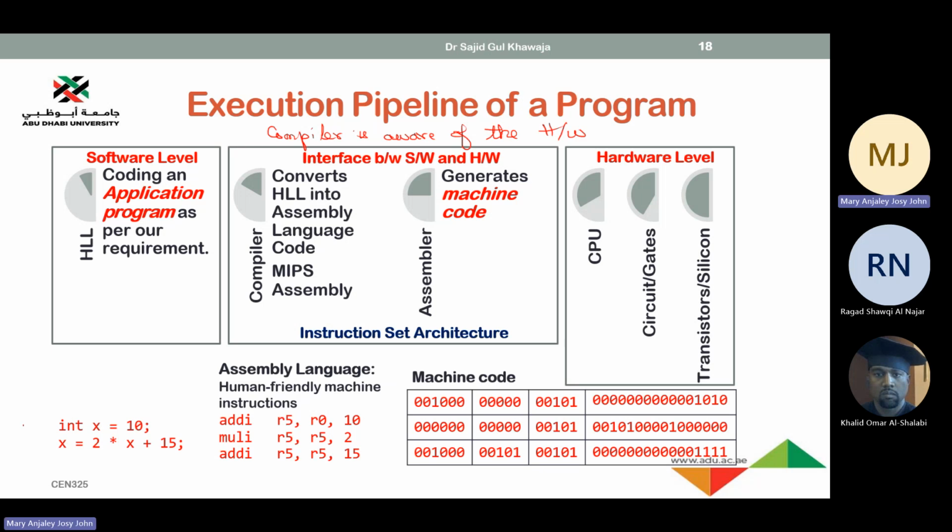Now, you might have heard about gates, transistors, and the much smaller level of silicon. When we give instructions to the CPU, how does it work? With the gates, flip-flops, and transistors, it goes to the micro level. That's what it says at the end: the CPU gets the information, it goes to the gates, and it comes to the silicon manufacturing level.